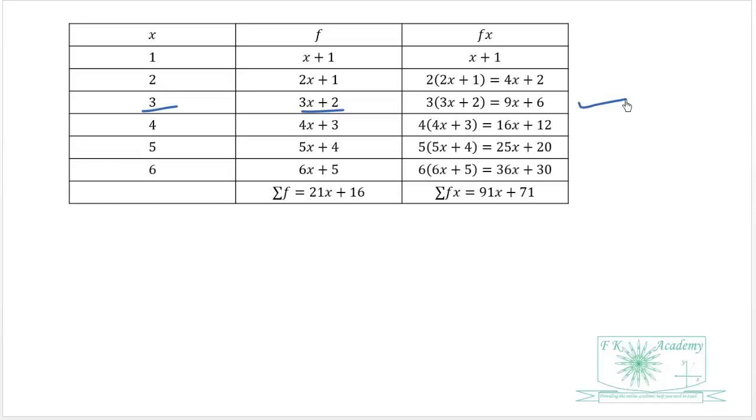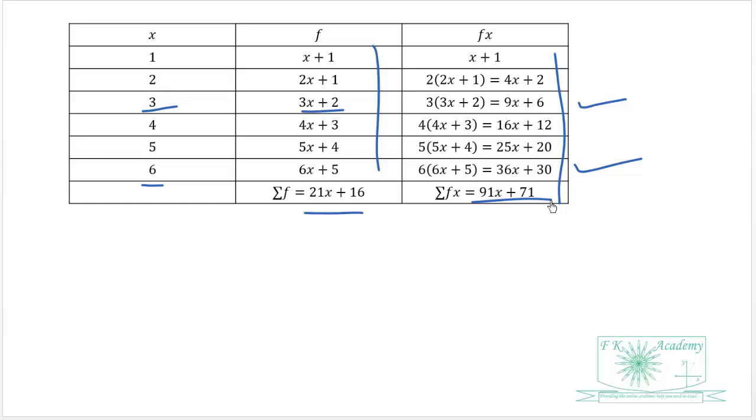So we repeat the same process until we get 6 times 6x plus 5. We expand to get 36x plus 30. So we add all the values here to get 21x plus 16. We add all the values here in terms of x to get 91x plus 71.